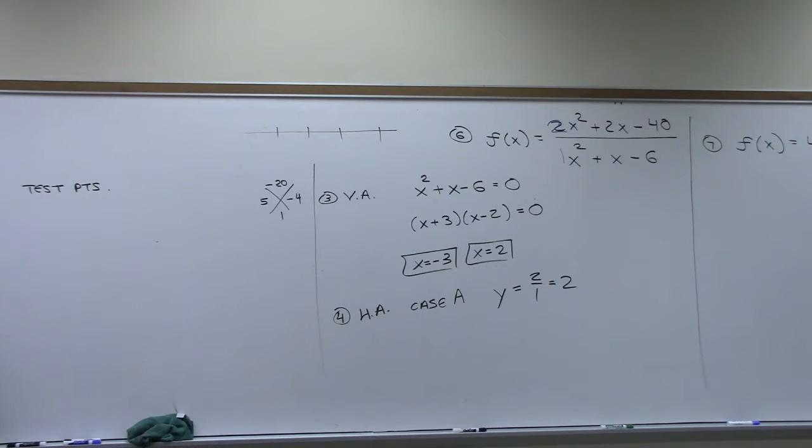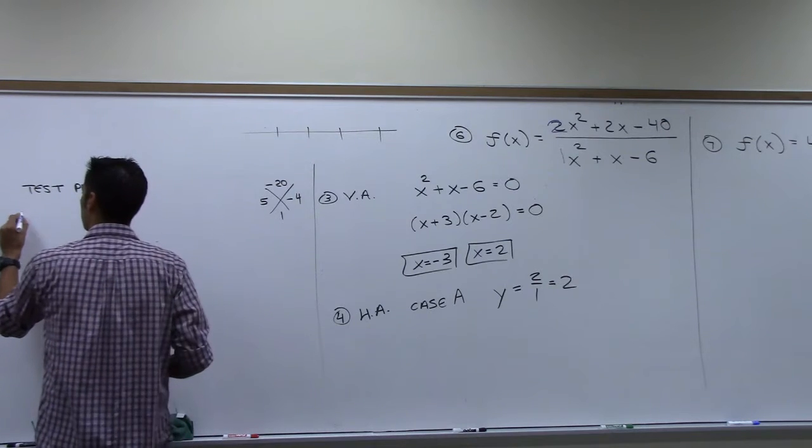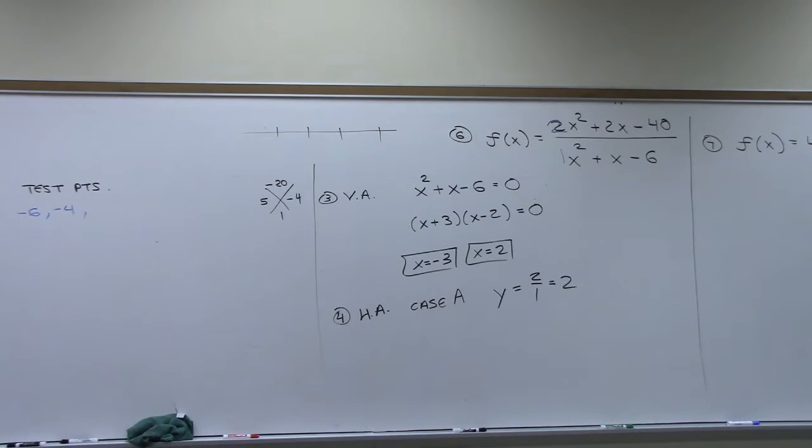Test points. Who wants to give me some test points here? -6 will work. -4 is a good one, so -6, -4. 0 is a good one.